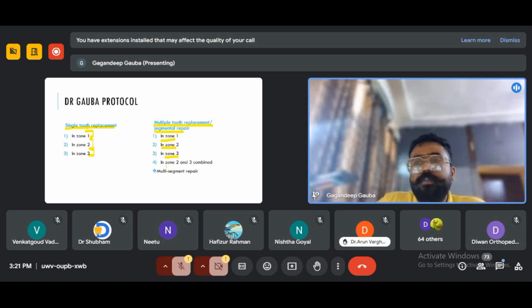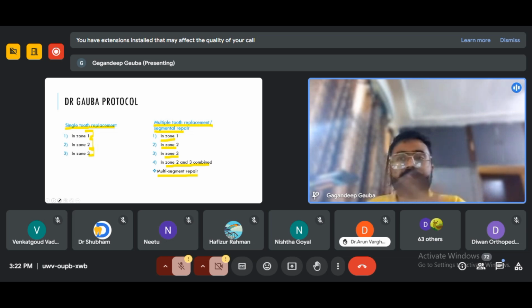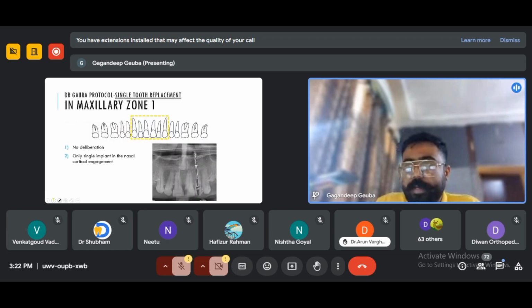In addition to that, we will be studying the multi-segment repair, when the patient comes to us for a repair of more than one segment. That is, many times you have seen the cases that their anterior, the canine to canine, are present and are healthy, and we only have to restore the posterior segments, right? So we will be studying this one by one.